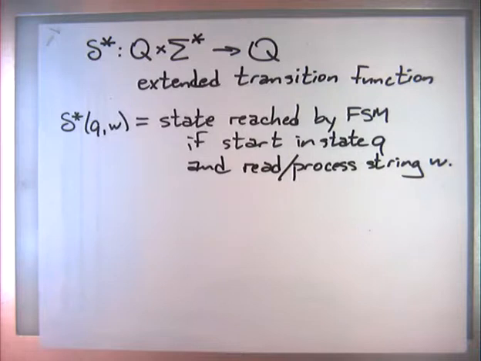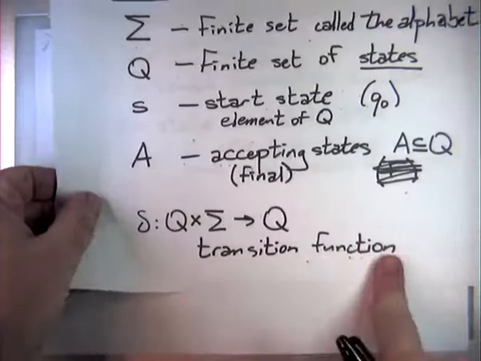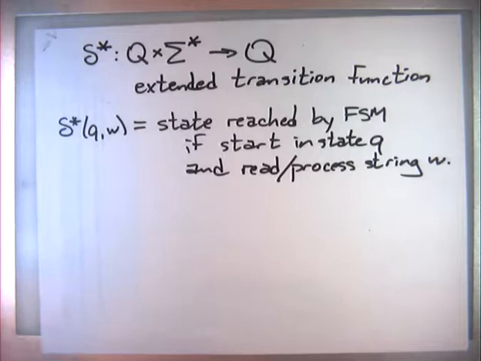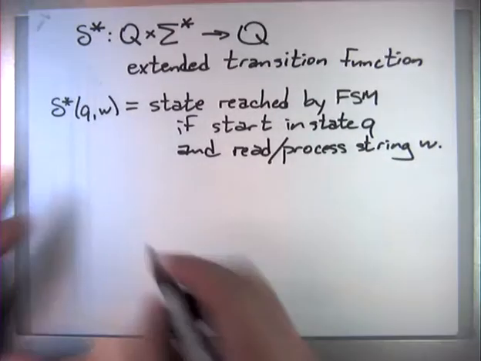So delta of Q comma A is the state reached by the finite state machine if I start in state Q and I read symbol A. That's what this transition function actually is. It's part of the definition. So I can derive from that definition this more complicated function.